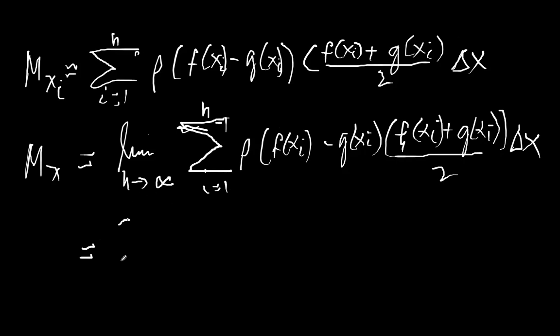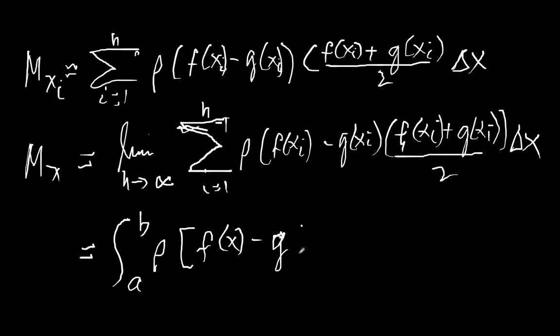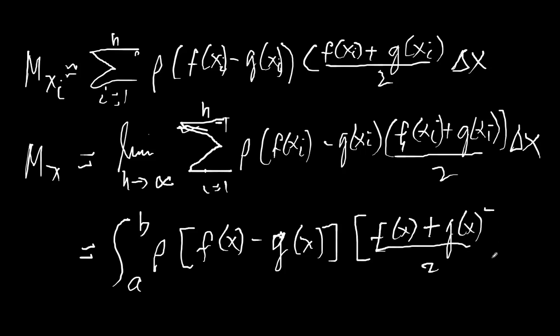So we have the integral, and again the boundaries are a to b, and we're going to copy: rho times f of x minus g of x, the difference of the two functions, times f of x plus g of x all over 2 with respect to x. So this is now our formula for finding the moment about the x-axis.